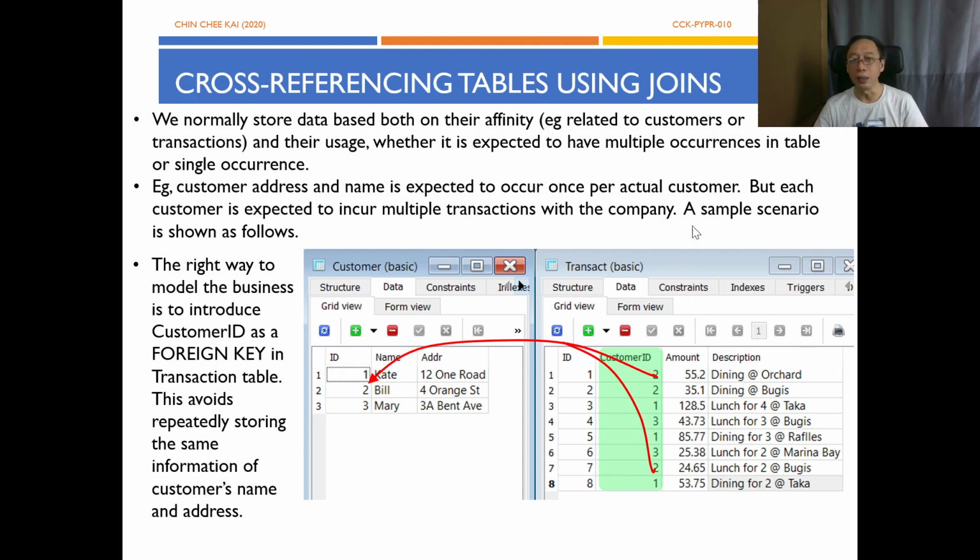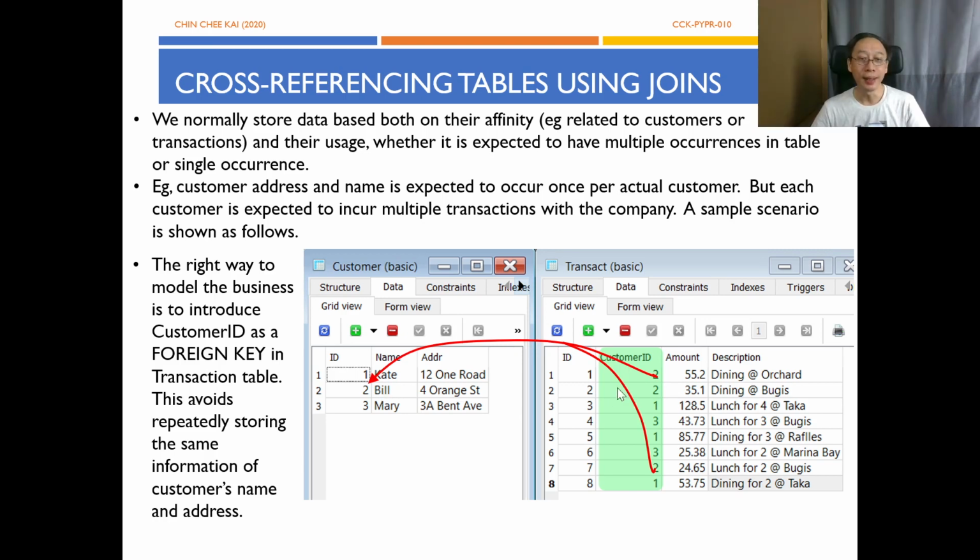Another way to think about it is their occurrences. For instance, the transaction table here links to, or uses, the customer ID. Because we say, who paid $55.20 for dining at Orchard? Oh, that's customer ID 2. Who is that? When we refer to the customer table, it is actually Bill.